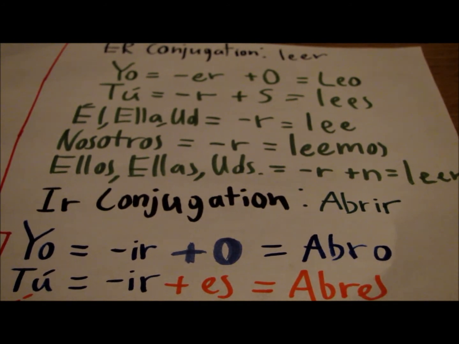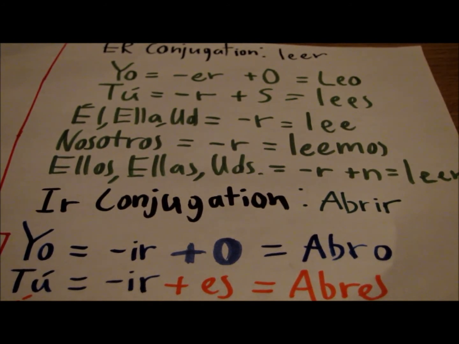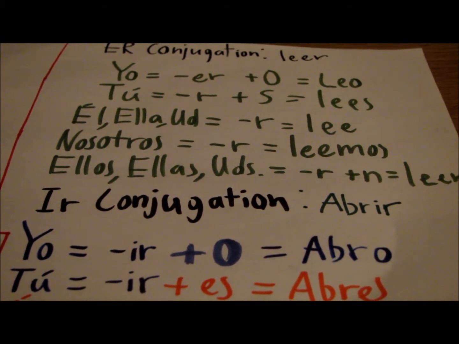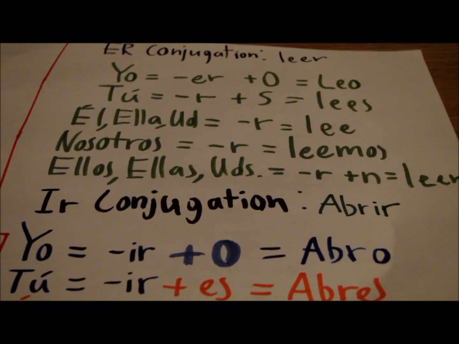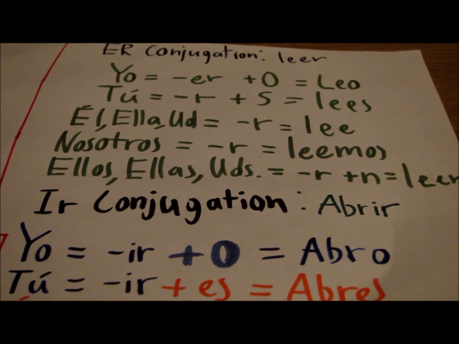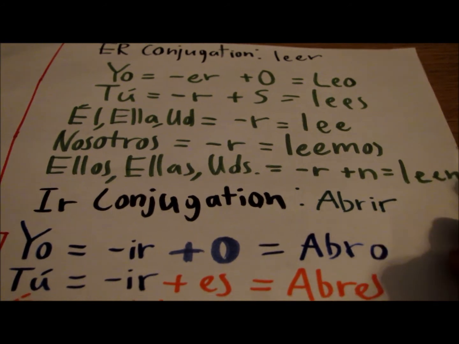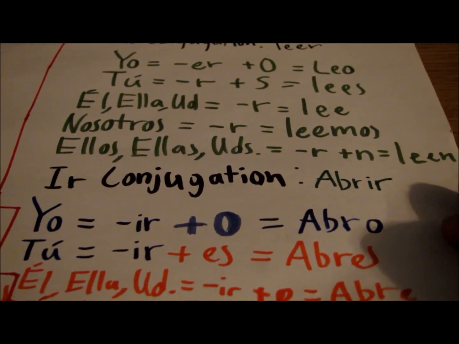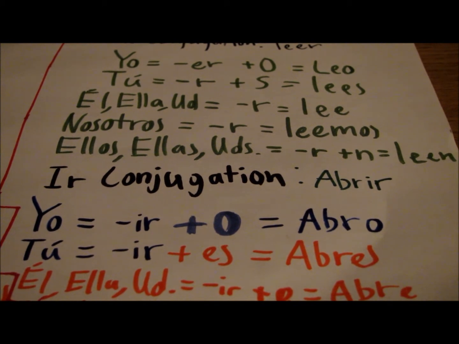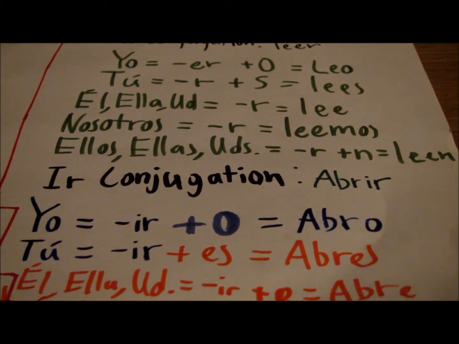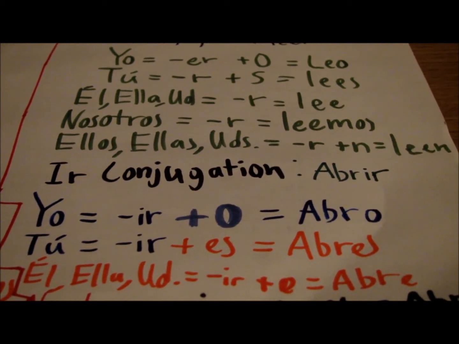For the tú form, we take off the IR and then add an ES. You would normally think that it would be IS, but for IR verbs, you use the endings of the ER verbs. They're similar in a lot of verb conjugations. For the él, ella, y usted, we take off the IR and add an E, just like ER verbs. Abre.